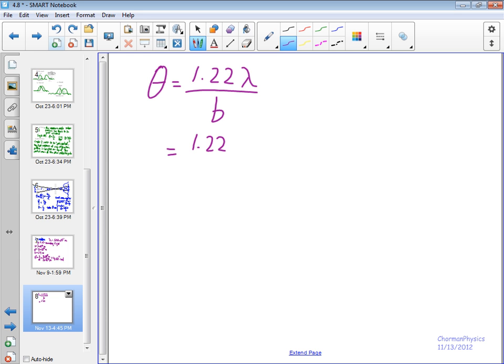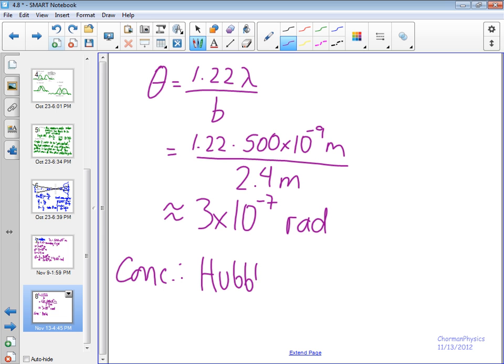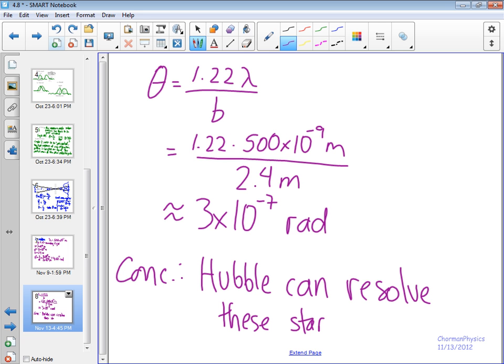It turns out that with this telescope, our resolving power is much stronger. So those two stars in that system could be even closer. Our conclusion is that Hubble can resolve these stars.